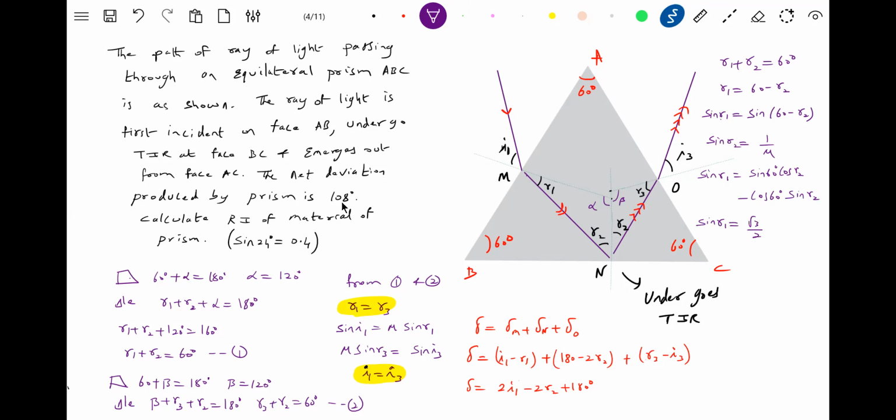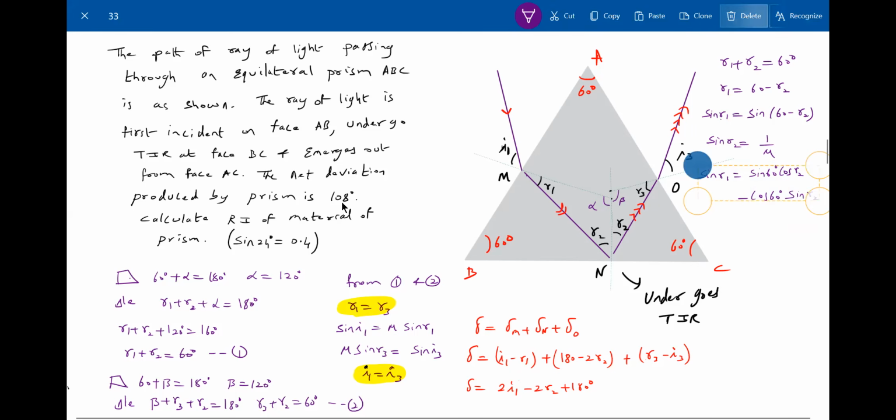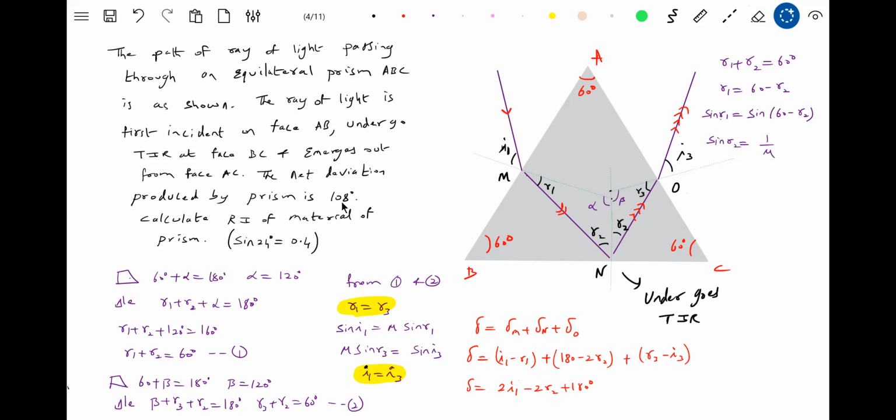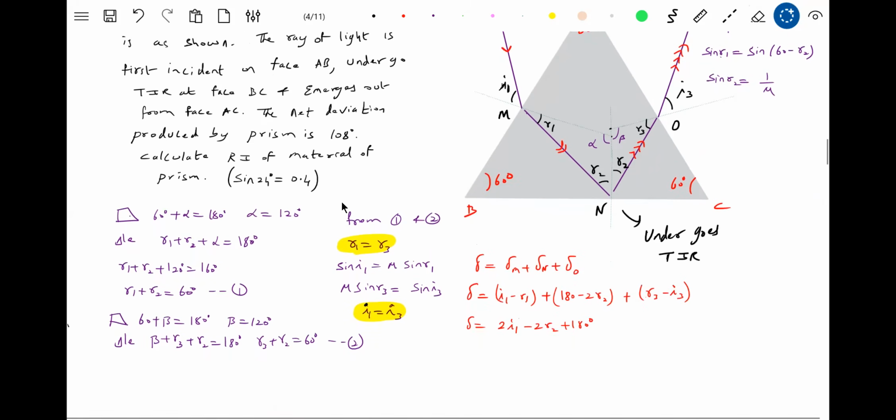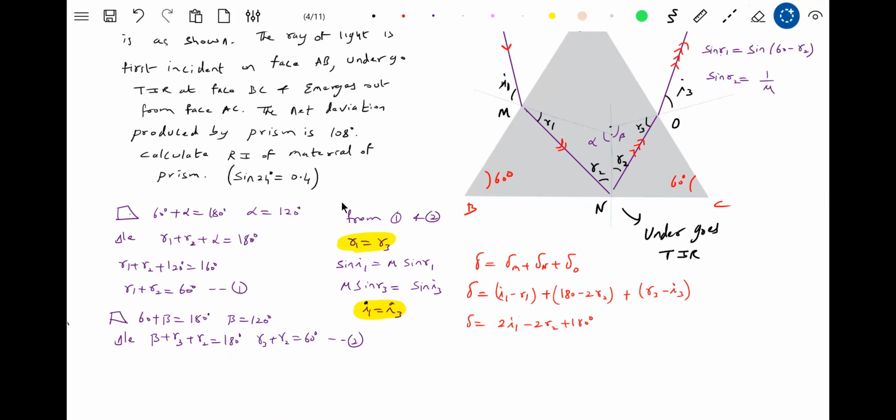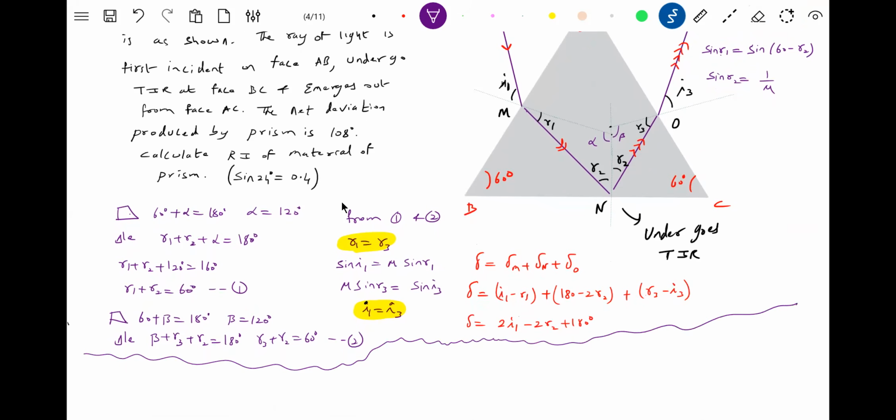Cos R2 will be root of, I will write it somewhere here, and I'll scroll down. We'll move further. This is one part of the discussion.